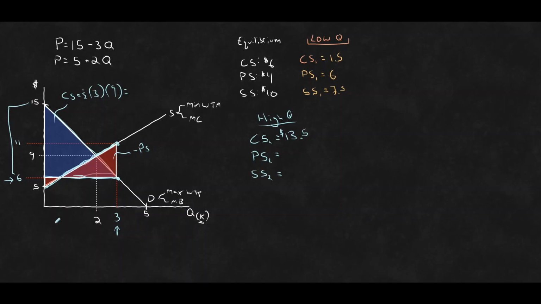So two triangles altogether in this case. We have their normal positive producer surplus, and here it's just a triangle.